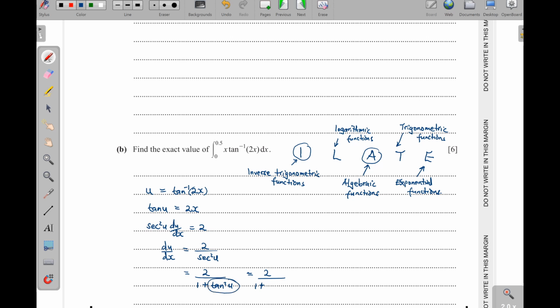Tan u is 2x. Now this is tan squared. So we shall have 2x, and then we square it, which will give us 2 out of 1 plus 4x squared. Okay? All right. Let me just put this one here.